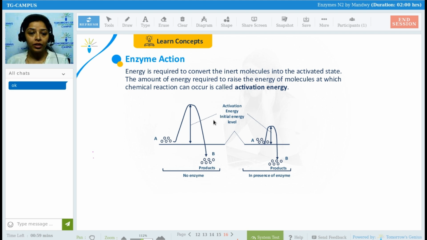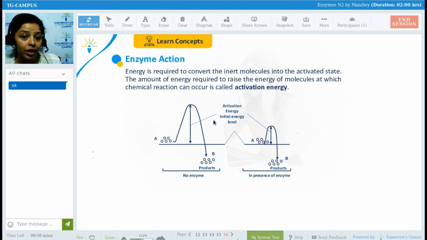Okay, now let's see the enzyme. When we talk about enzymatic action, the most important part is activation energy. To make a product, or to convert the reactant into the final product, the reactant requires some amount of energy, right?